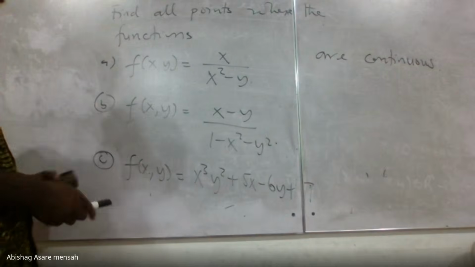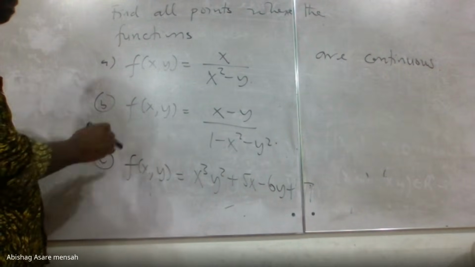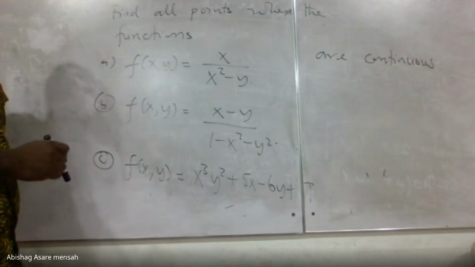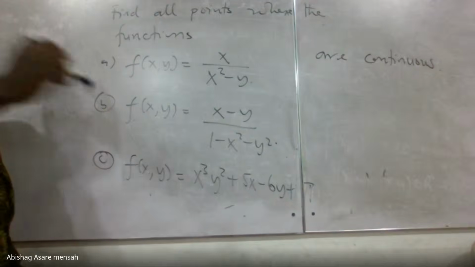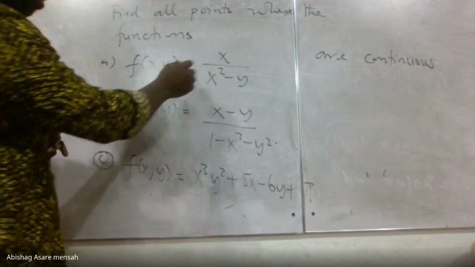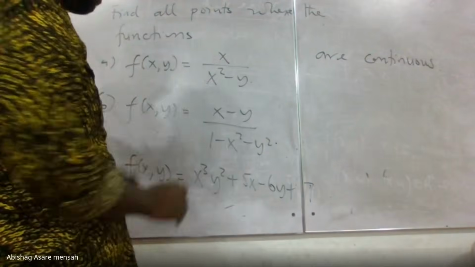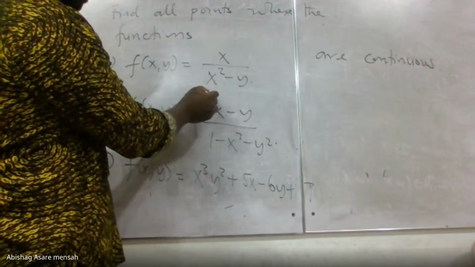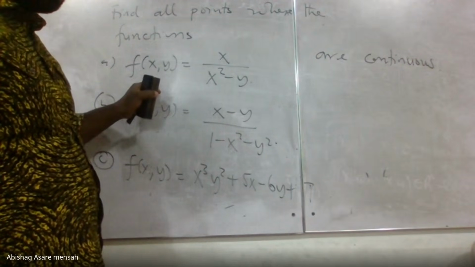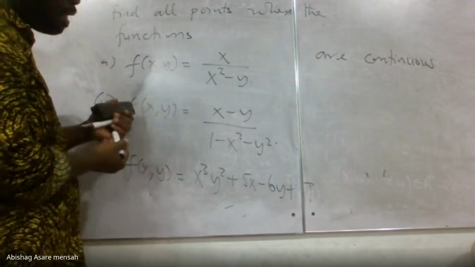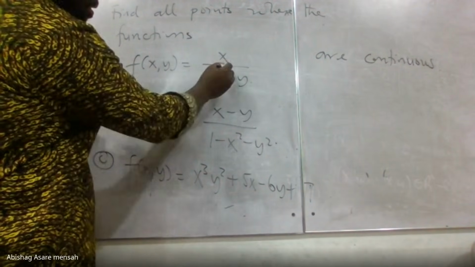Okay. So let's see how to go about it. Remember I told you that anytime you have a function like this, and you have to find a point where this function is continuous, your focus should be on the denominator, right?